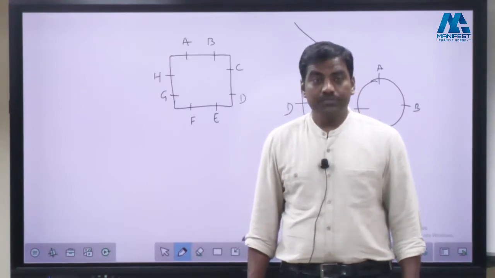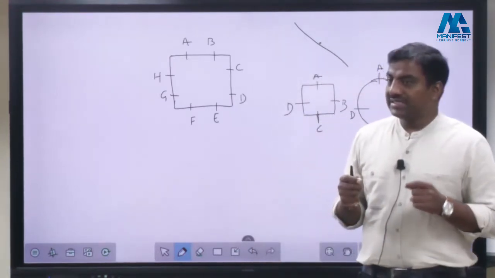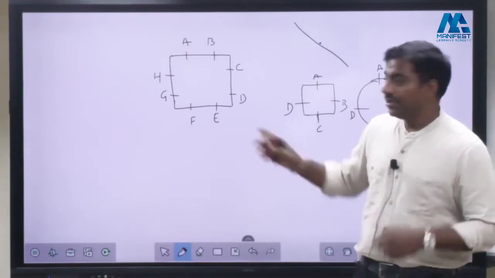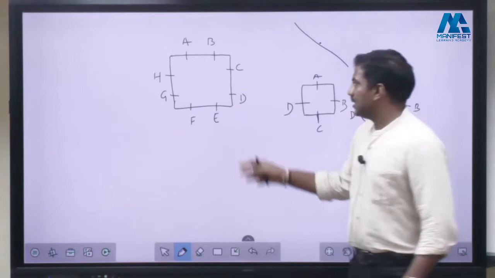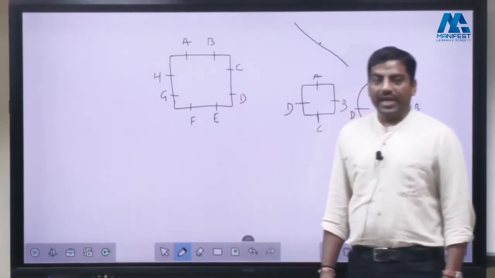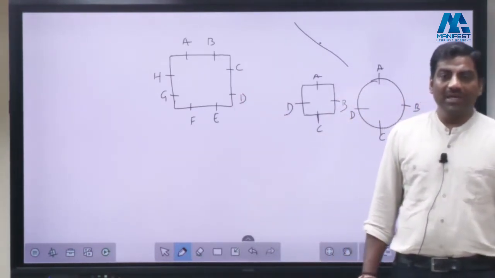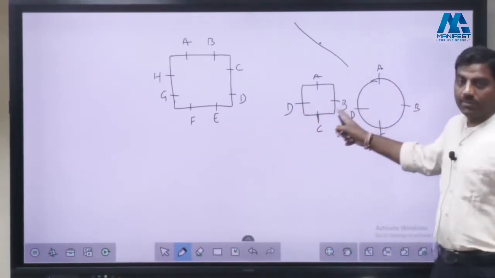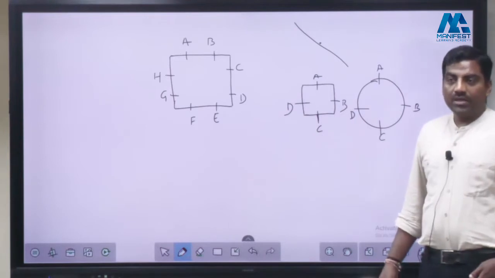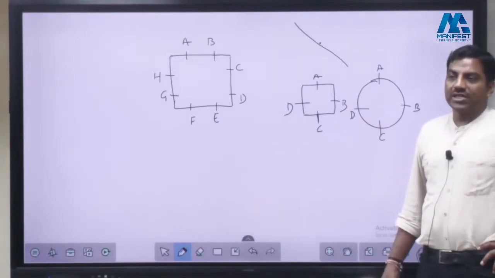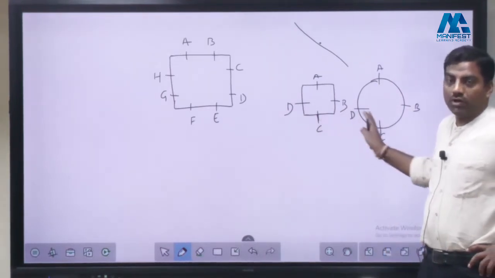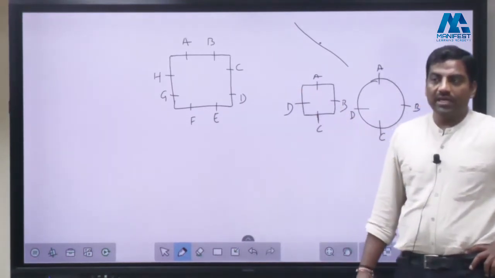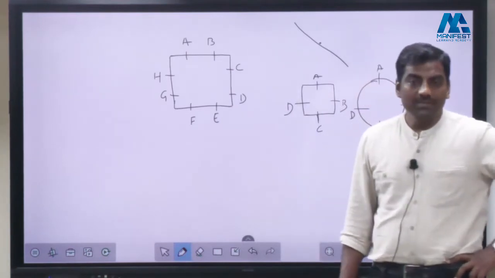Sacrosanct in the sense, is it fixed, or if we interchange, do we get any difference here? Do you think the position enjoyed by A is similar to the position enjoyed by B? But here in this case, the position enjoyed by A is the same as the position enjoyed by B, correct? Here also. But here, can you tell me that the position enjoyed by A is similar to the position enjoyed by B?